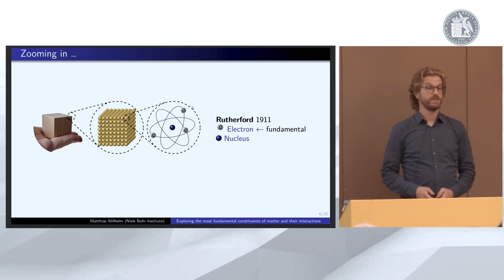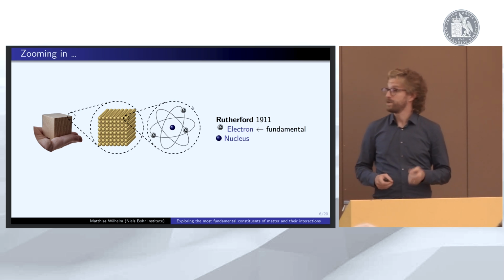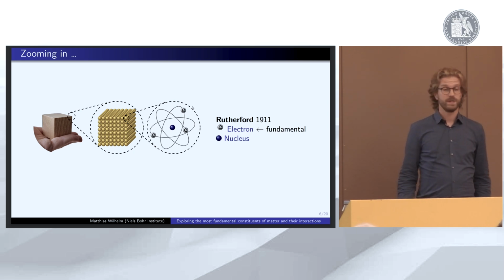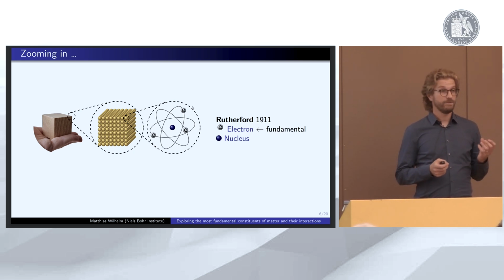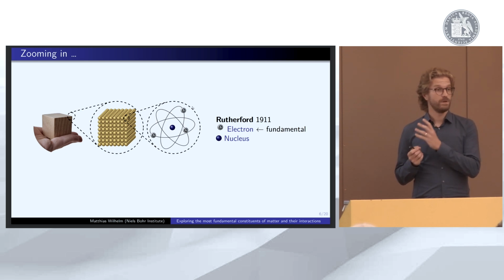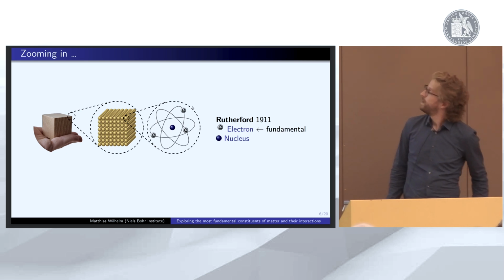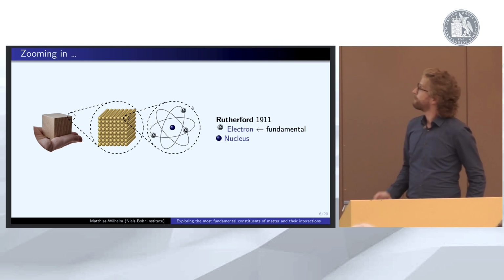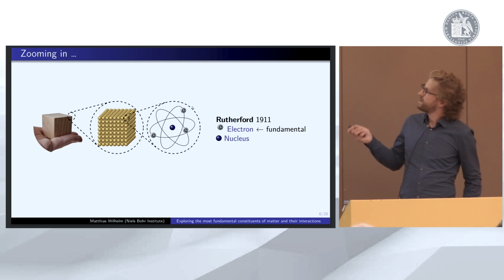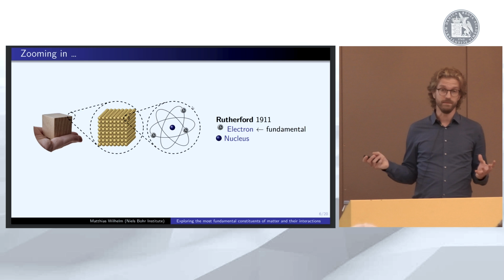In 1909, Rutherford, Marsden, and Geiger did this scattering experiment, scattering alpha particles off atoms of gold. They found, as formulated by Rutherford 2 years later, that the atom is mostly empty.